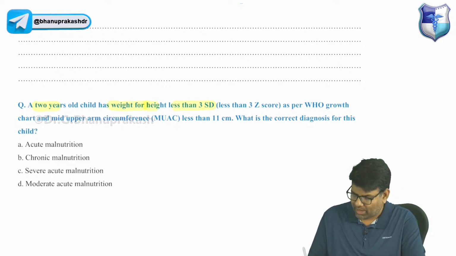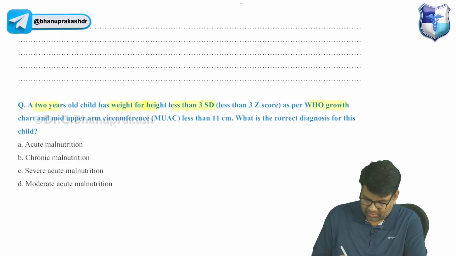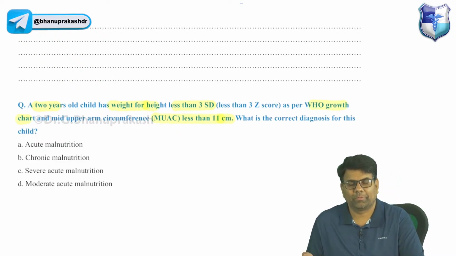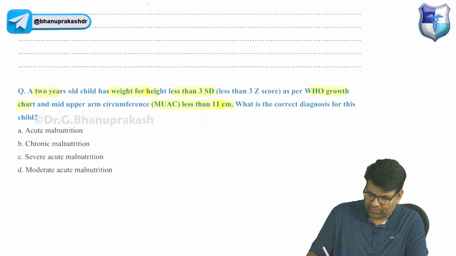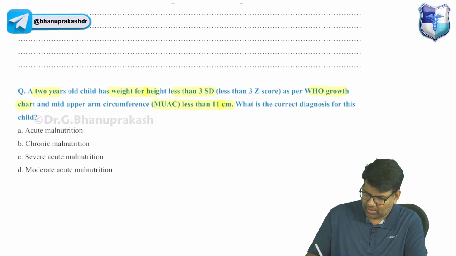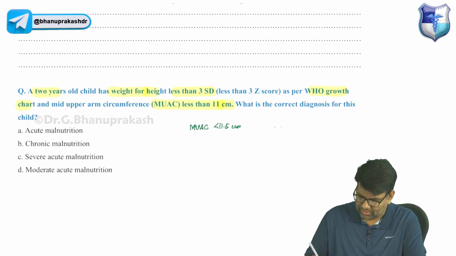Now, for a 2-year-old child, the weight for height is less than 3 standard deviations as per WHO chart, and mid upper arm circumference is less than 11 cm. Now, what will be the diagnosis? If mid upper arm circumference is less than 11.5 centimeter, yes, that will be known as severe acute malnutrition. Very good.